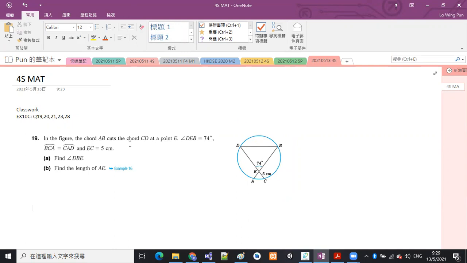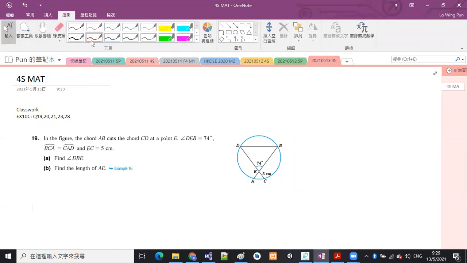So in the figure, the chord AB cuts the chord CD at the point E. And then we have 74 degrees. And we have arc BCA and arc CAD being equal. So it is like this. Arc BCA is this one. And then arc CAD is this one.